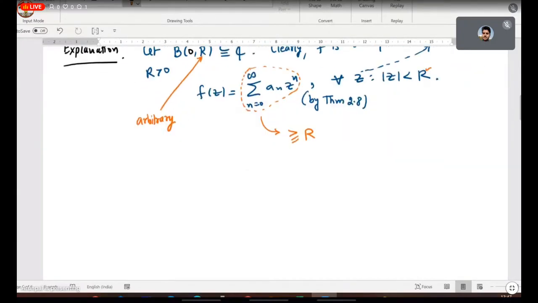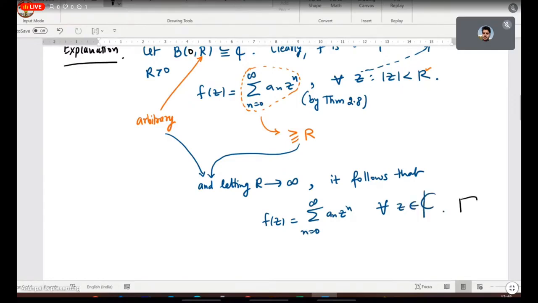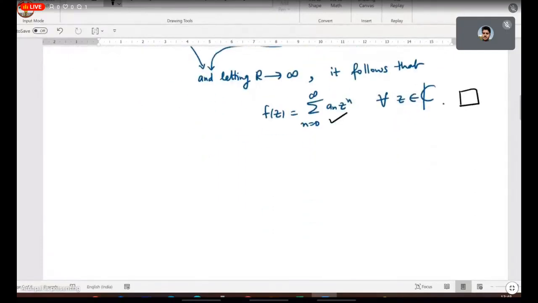So combining these two things and letting r tend to infinity, it follows that f(z) is equal to summation a_n z to the power n, n from 0 to infinity, for all z in the complex plane. Is this okay, class? So the radius of convergence of this series is infinite automatically. Good enough.